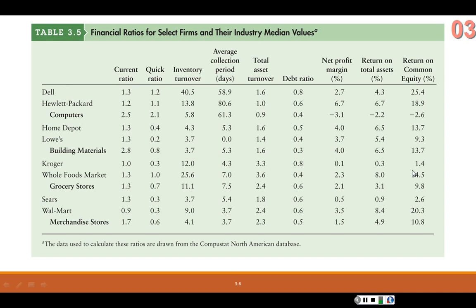So here we are, looking at some different ratios for various industries. And you see that you need to make sure that you compare your industry to similar stores. So, yes, Walmart is a grocery store, but they're also a merchandise store.